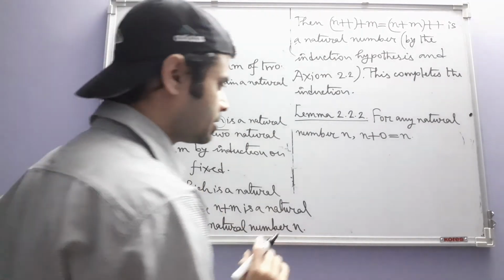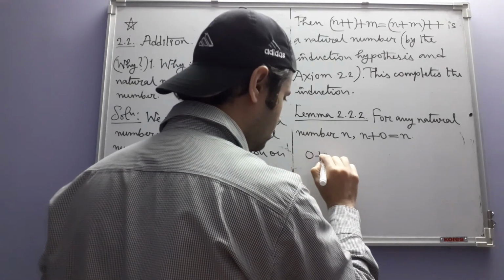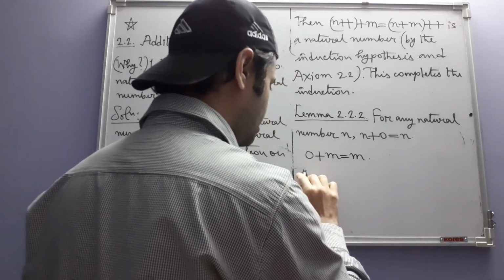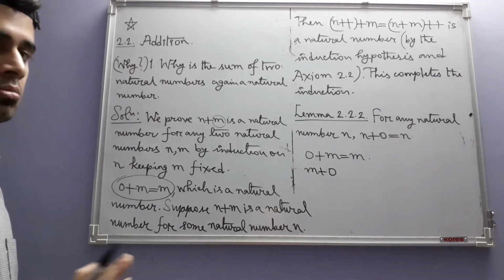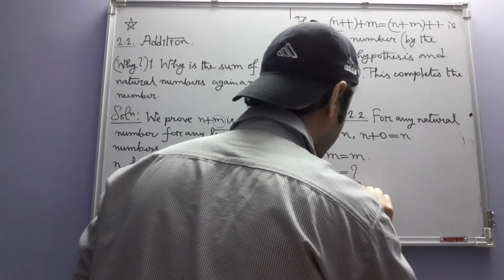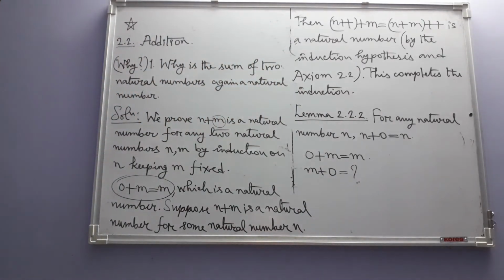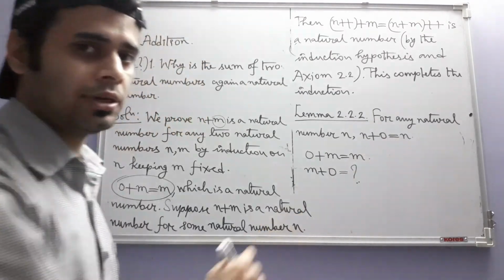What does the definition say? The definition says that for any m, 0 plus m is equal to m. But what about m plus 0? Using the definition, we immediately don't get anything. I don't really know what m plus 0 is, just from the definition. We have to prove that it is equal to m, or in this case, it is equal to n.